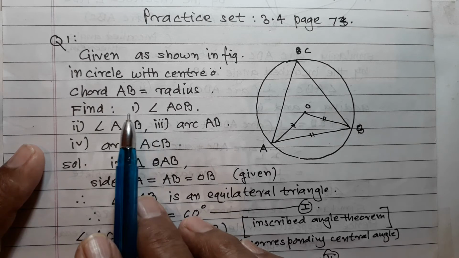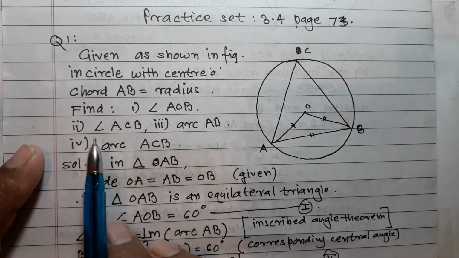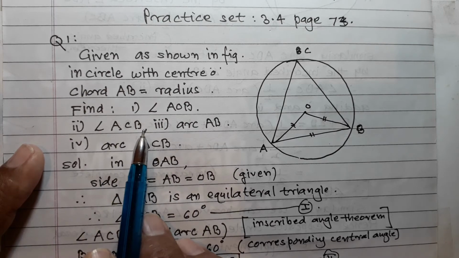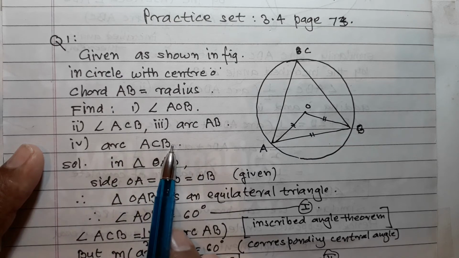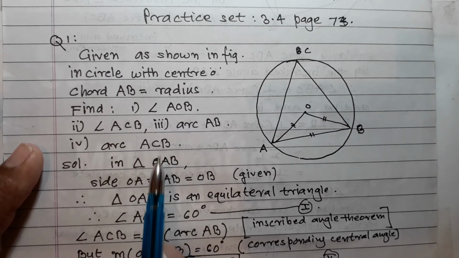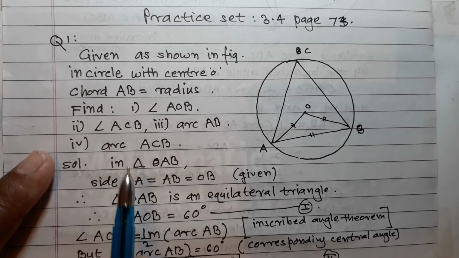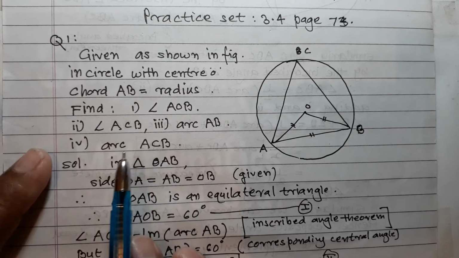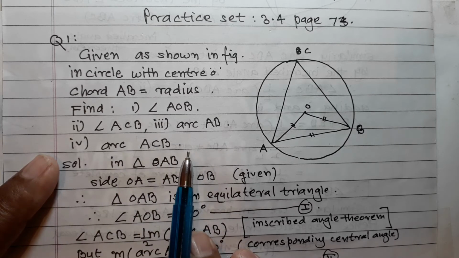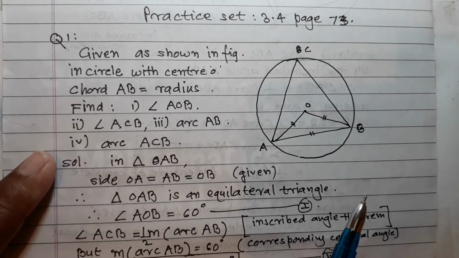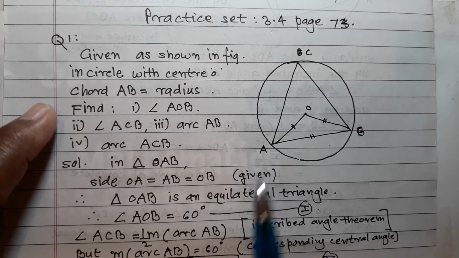Find angle AOB, angle ACB, arc AB and arc ACB. This question is very important. In this question there is a revision of basics, so this is a very important question. First I explain the question and answer, and then I write.